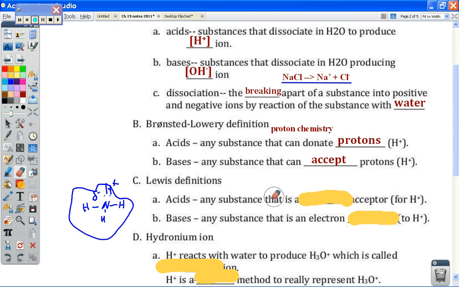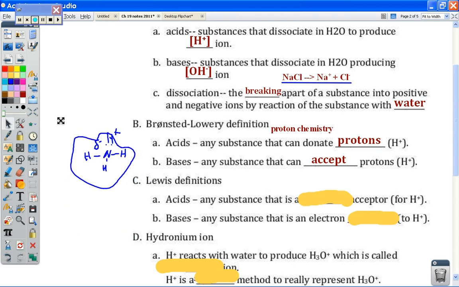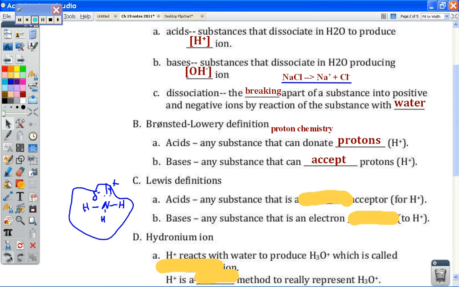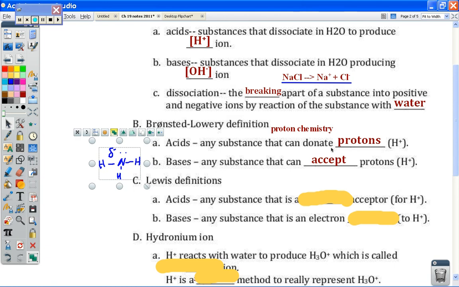And so this whole scheme right here would be considered the base. This NH3 is considered a base because it accepted the proton that came from another acid.